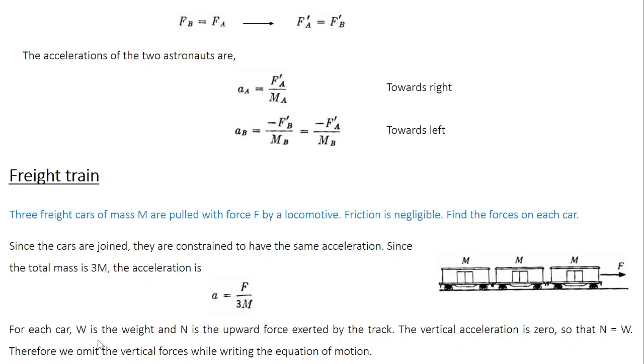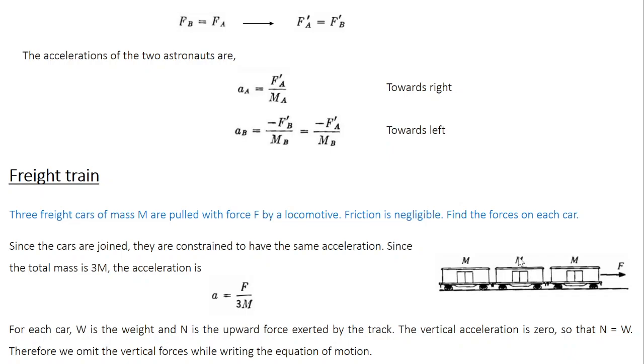Now assume that the weight of each car is W. Weight is always going to act downward. From Newton's third law, there is an equal and opposite force in the upward direction, called N. But here we are mainly bothered about the horizontal movement, and as we know, when a train is moving, there is no vertical movement.